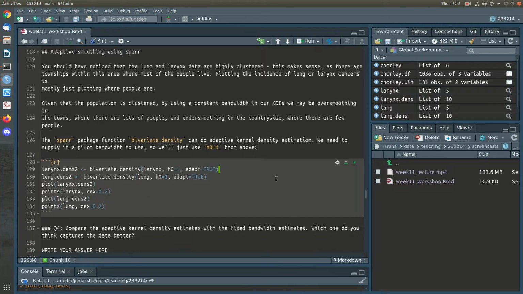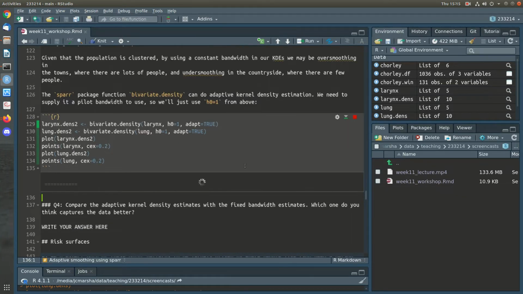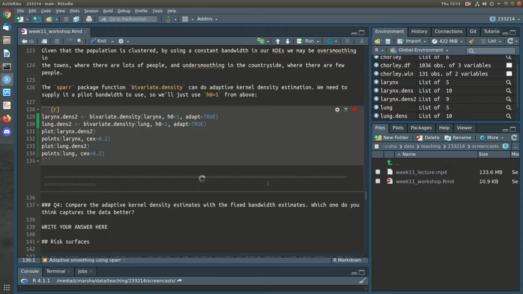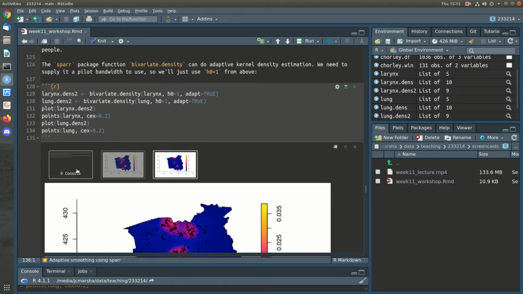And so we can do that with bivariate density from the sparr package. So let's run that. Takes a little while. So we do larynx data and lung cancer data, and then we plot them all.